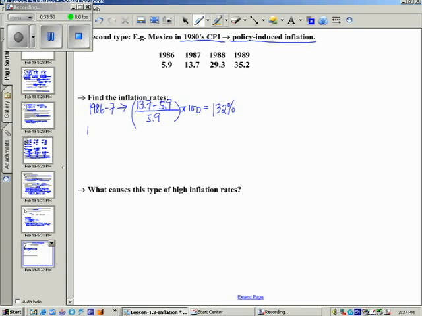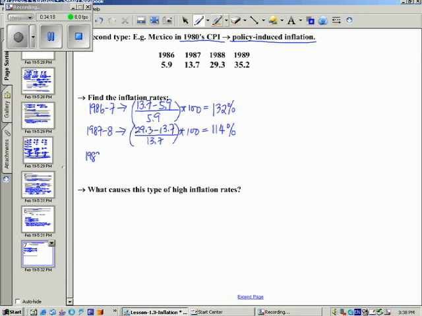This will actually give us an inflation rate across the 2 years of 132% year to year. From 1987 to 88, we do the same thing. 29.3 minus 13.7 divided by 13.7, the old year, times 100. This will also give us something quite outrageous, 114% inflation.